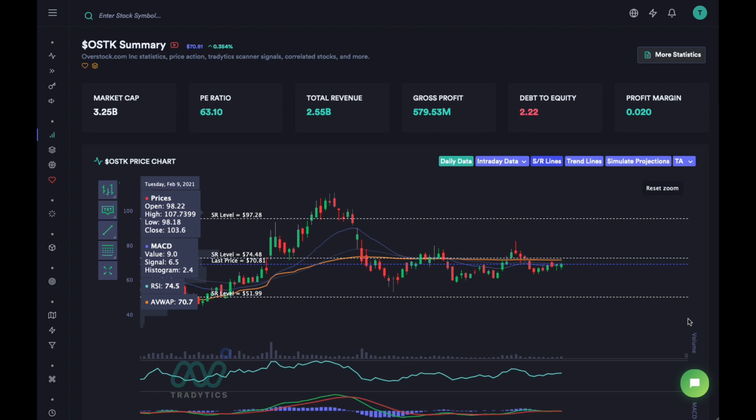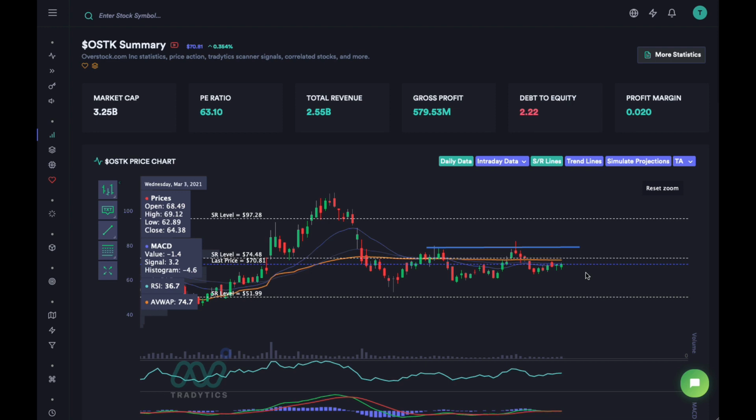Let me just zoom it out. The reason the tool might be thinking that we might not go up from here is because we have a resistance level right on top. We have one resistance level here, and then another resistance level right here. So we have two resistance levels right above the price that might cause the price to go back down after we touch them. That might be the reason that the tool is thinking that this is the bearish play.